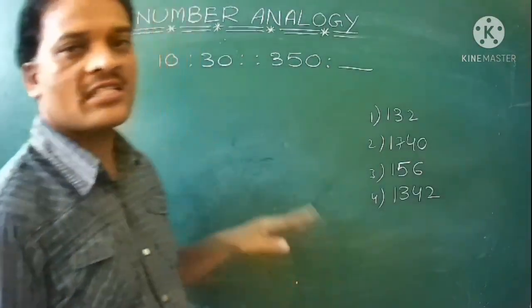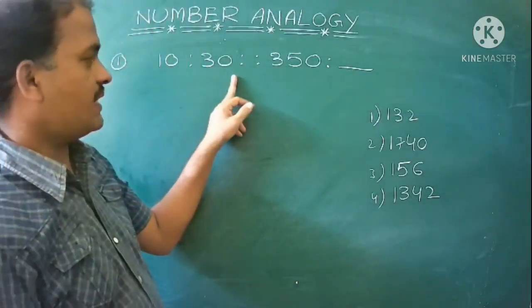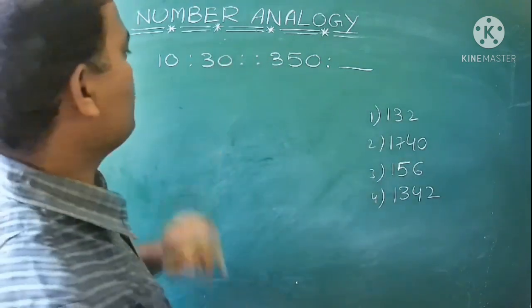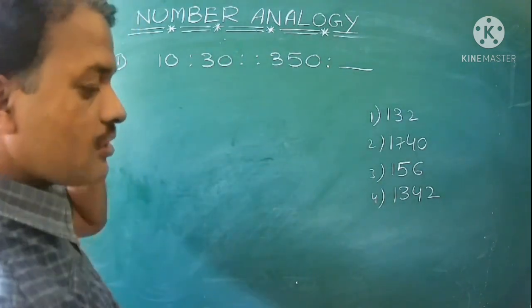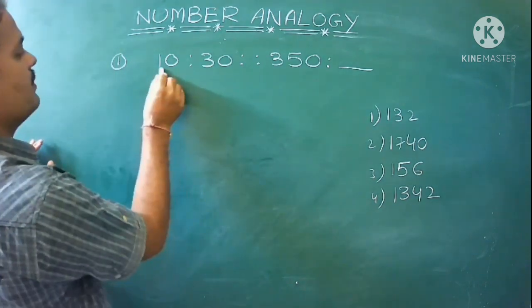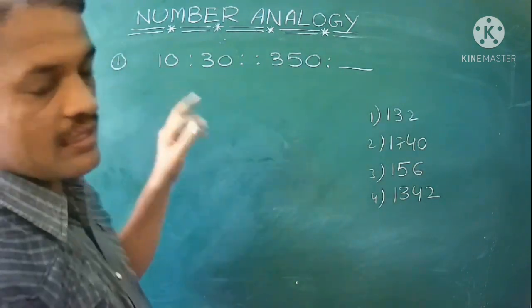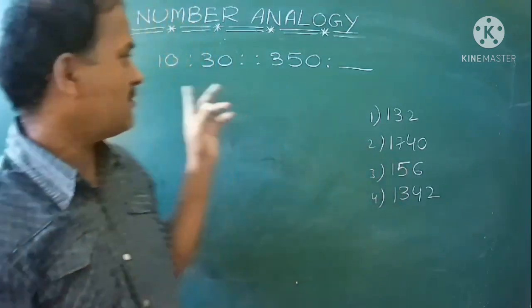In the first question, 10 is to 30 as 350 is to dash. How do we get this? For example, these 10 and 30 are very near to squares or cubes.